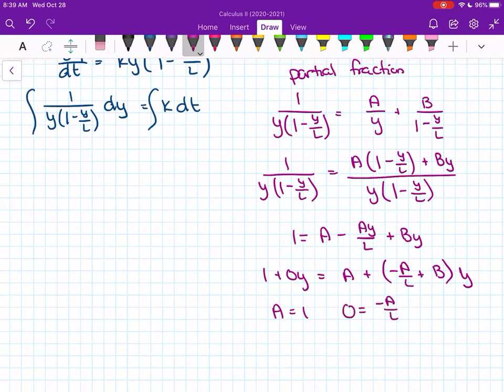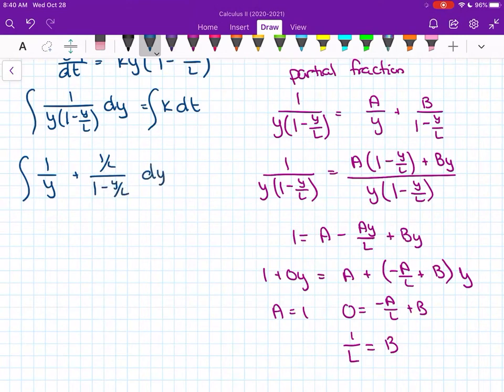So relating coefficients, A equals 1 and 0 equals negative A over L plus B. If I substitute in that 1 for A and add it to both sides, I get B equals 1 over L. Now I can write my integral as two separate fractions: 1 over y plus 1 over L divided by 1 minus y over L, dy, equals kt plus C.